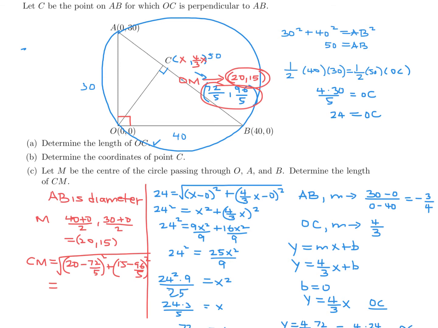So that's going to be 5.6 squared plus 4.2 squared, all under the square root sign, and that's 31.36 plus 17.64, all under the square root sign, and that is the square root of 49, and that of course is 7. So CM is 7.